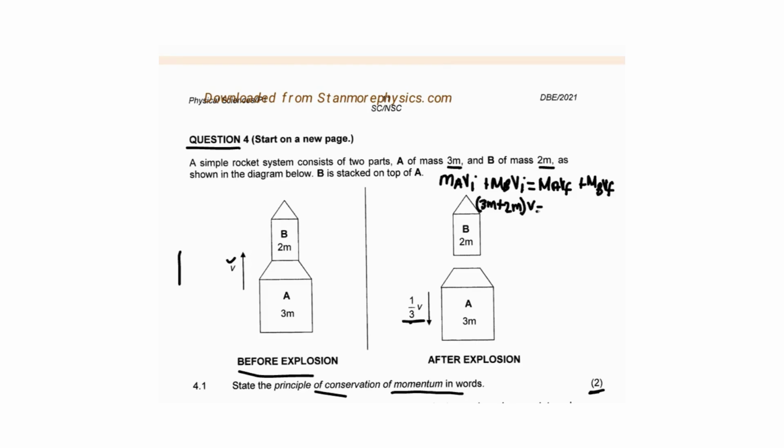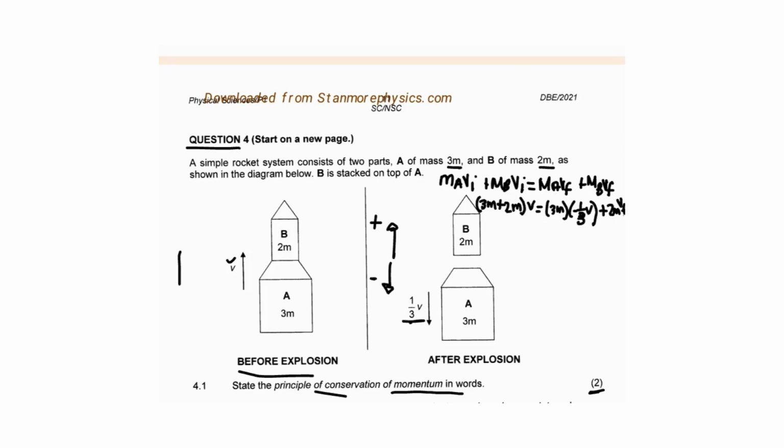Then after explosion, A is the one that moved downward, so I'm going to have 3m because the system was initially moving up. I'm taking upward as positive, and anything that moves downward, I'm going to give it a negative. So for A, I'm going to give it a negative 1/3 V, because they said the velocity was 1/3 V, plus 2m times VF.